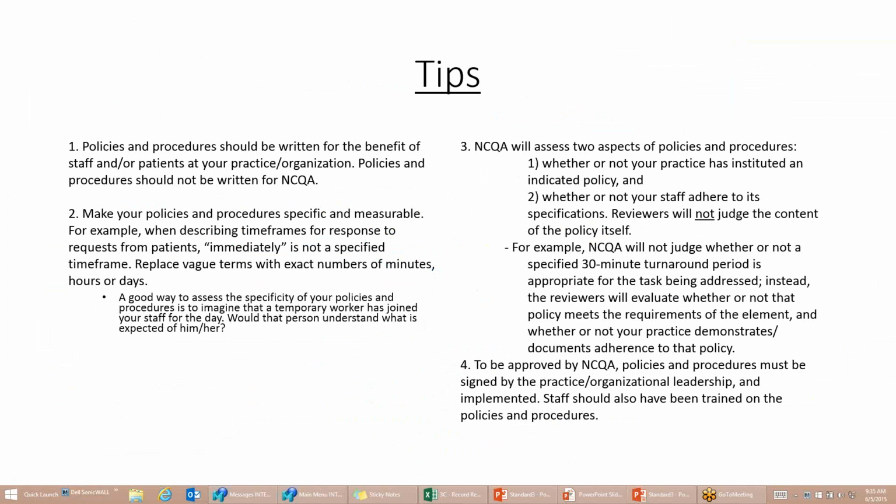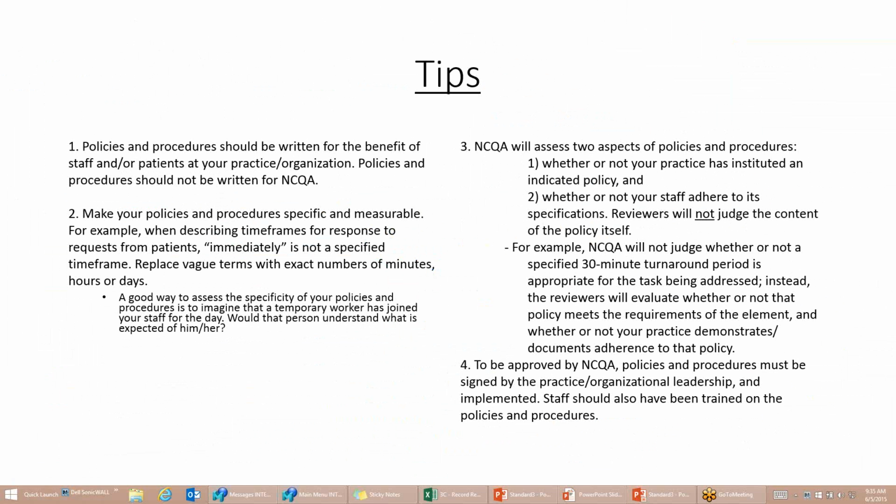So using specific numbers, areas of response when creating these policies. And again, a good way to assess the different policies and procedures is to imagine a temporary worker or a new employee, or simply asking someone to look at these, and would the person be able to understand what is expected, how things work, how things operate within the office by just reading through these policies.